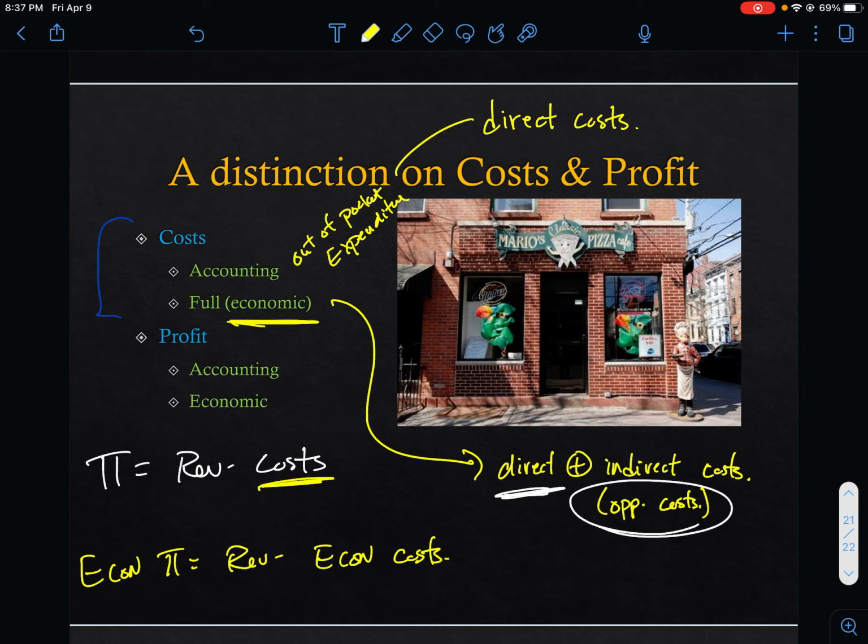For the economist, they're going to look at revenue coming in and all of your costs, right? Things you directly spend money on and the opportunity costs of other resources you put into your business, whether that's real estate, whether that's your time, whether that's money that you put up for equipment, if you use your own personal vehicle to deliver pizzas, right? That's a cost. You using your own vehicle doesn't mean that it doesn't cost you something to do that.